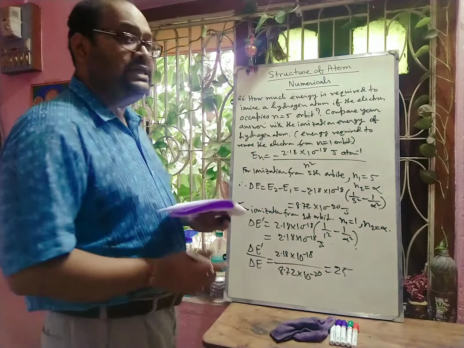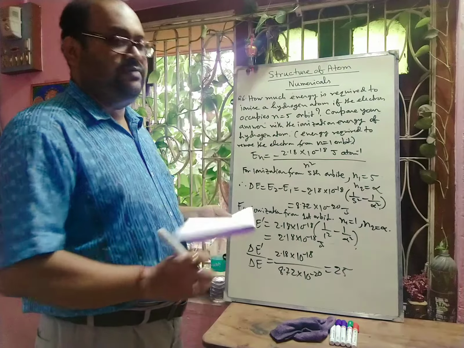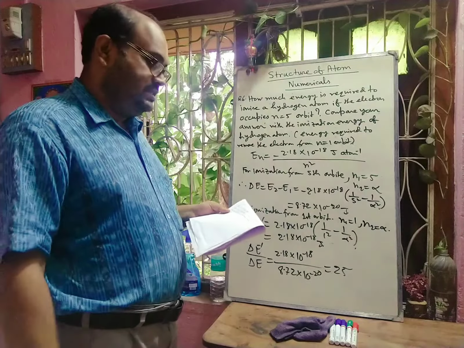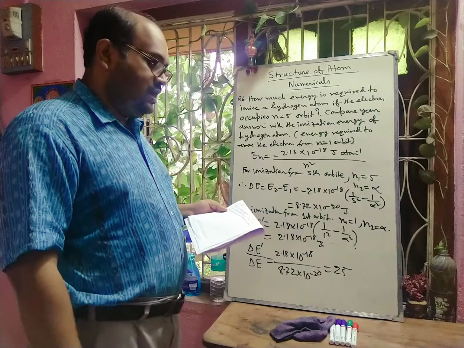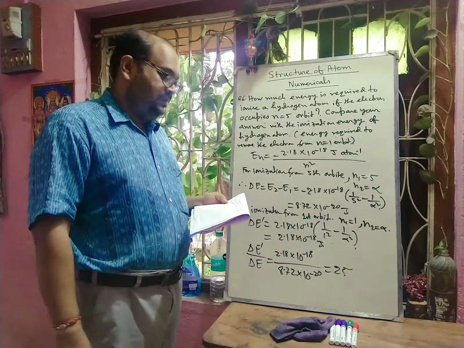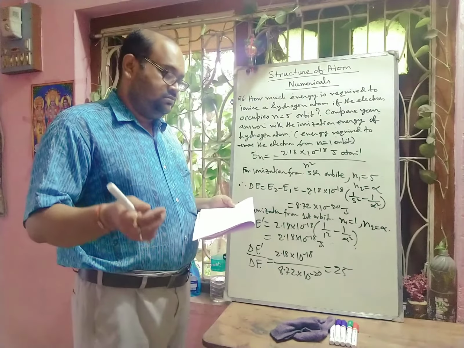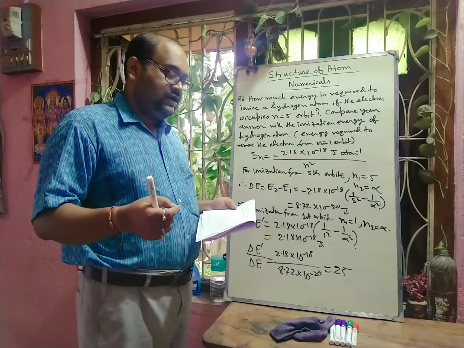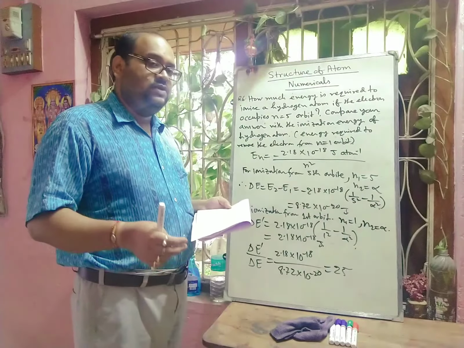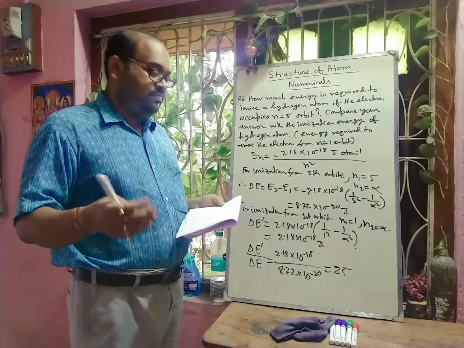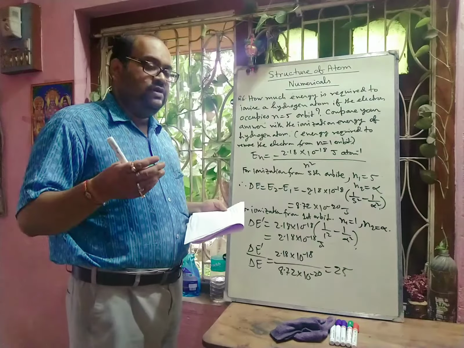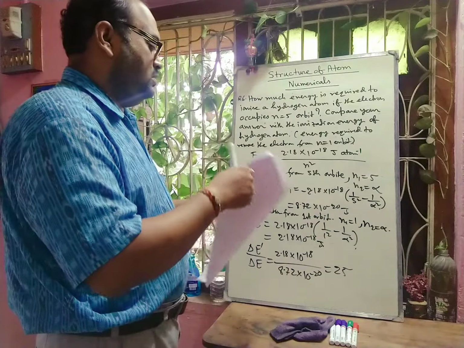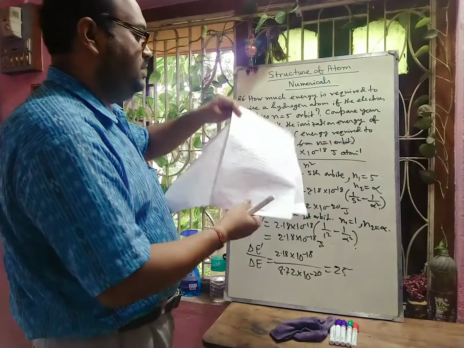So the energy required to remove an electron from the first orbit is 25 times higher than that required to remove the electron from the fifth orbit. So this problem is solved.